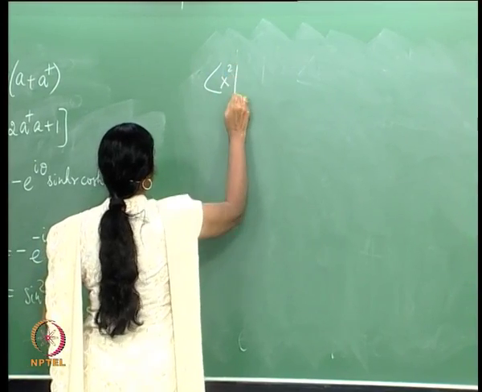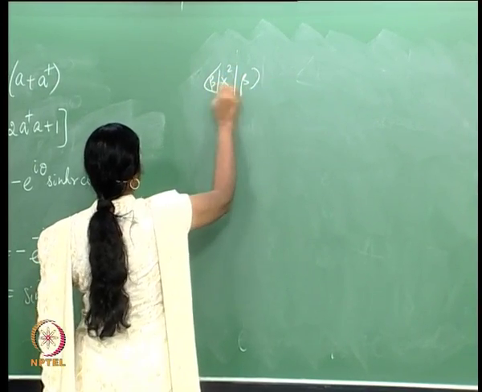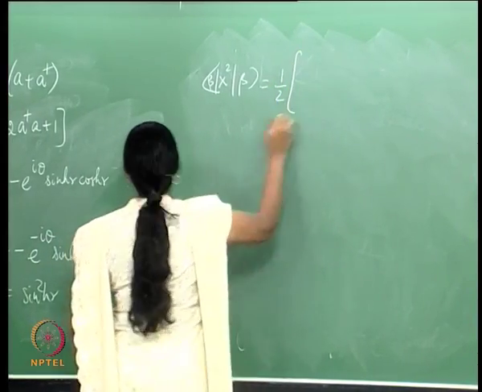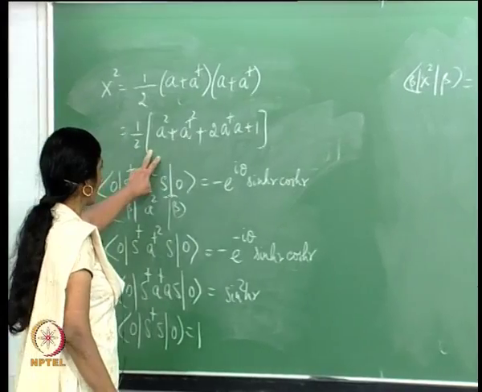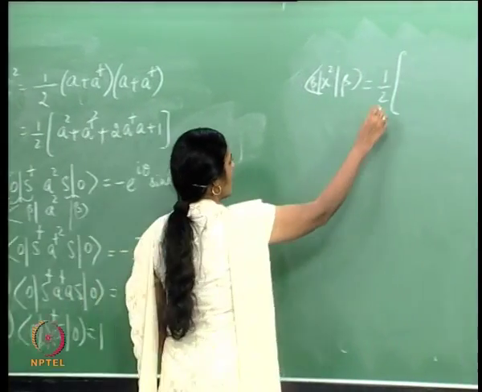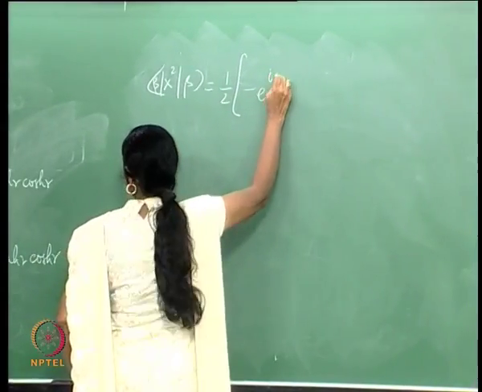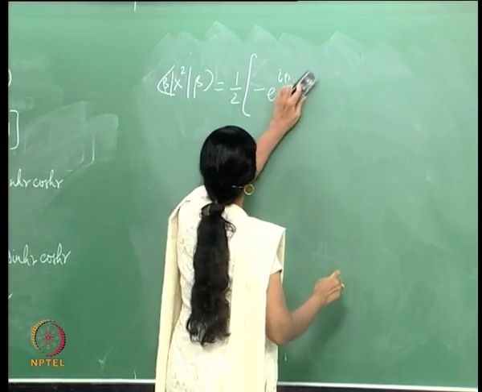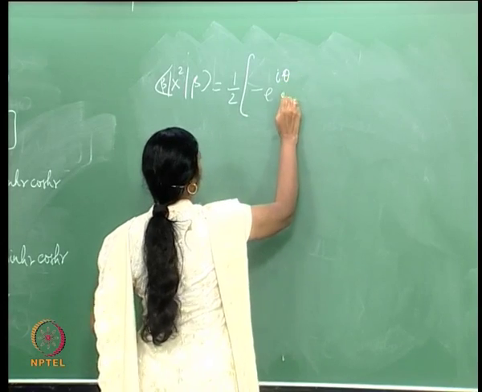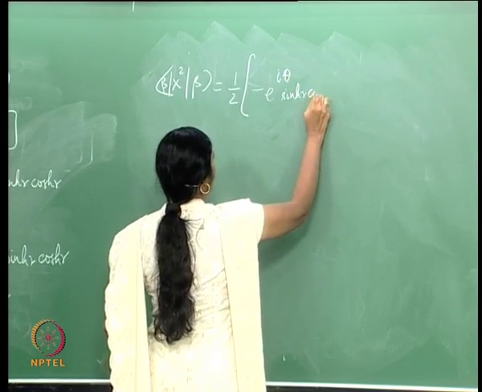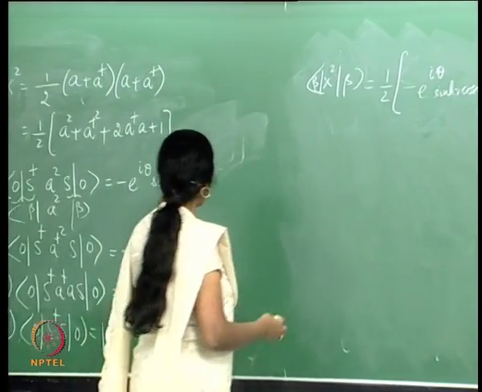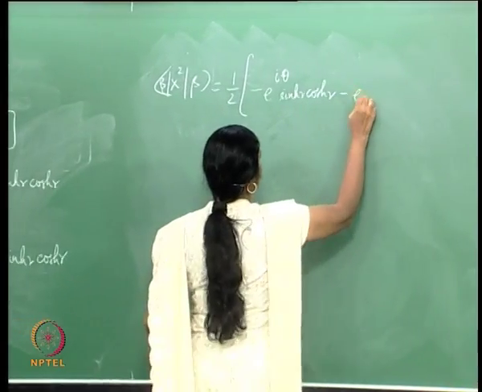Expectation x squared in the state beta is what we are out to find, and that is half expectation a squared, which is minus e to the iθ sin hr cos hr, minus e to the minus iθ sin hr cos hr.